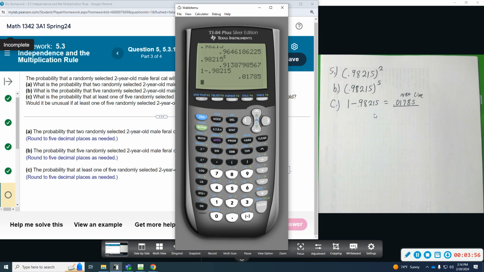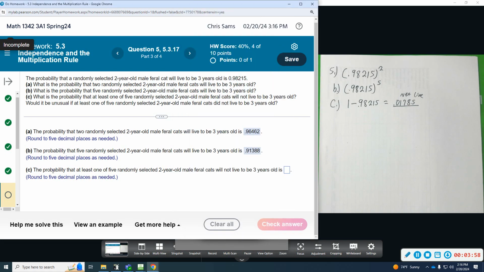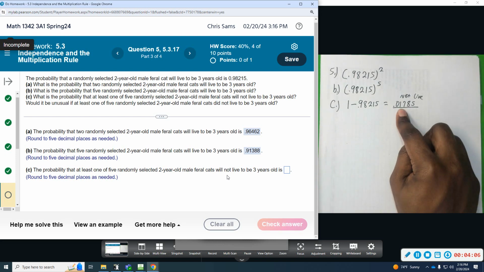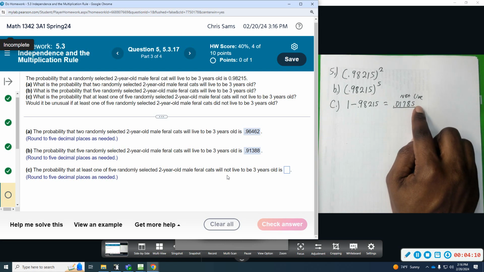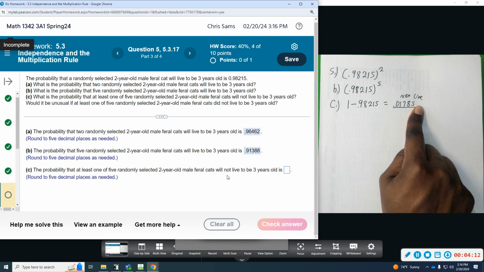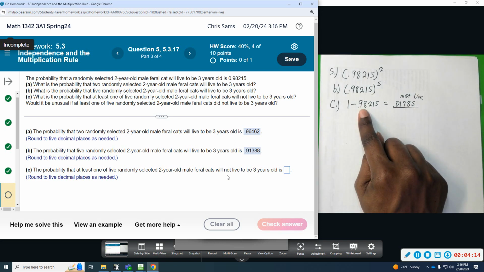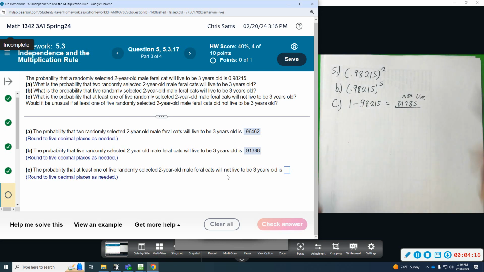All right, we want to find the probability that at least 1 will not live. So that means 1 or more will not live. Instead of trying to figure out the probability that 1 or more will not live, we just find the probability that they all live. So I really didn't need to compute that, but sometimes you do.